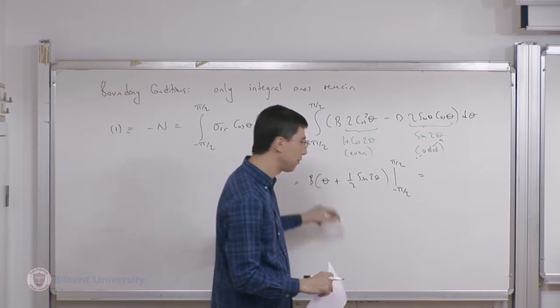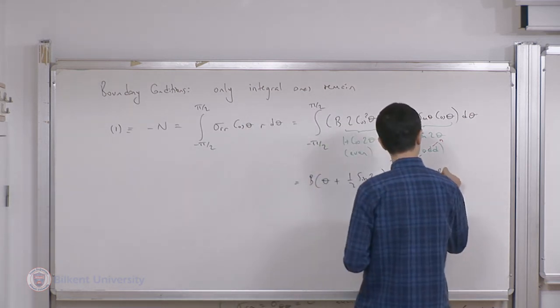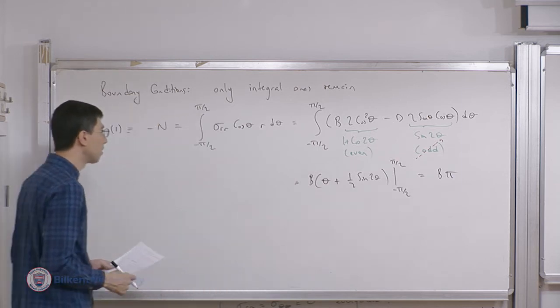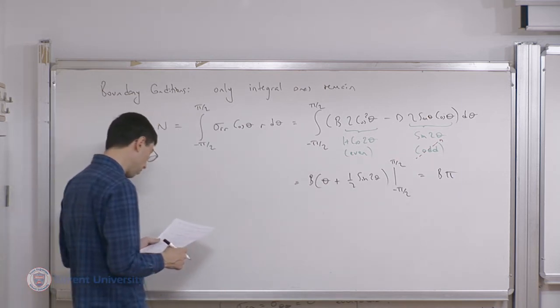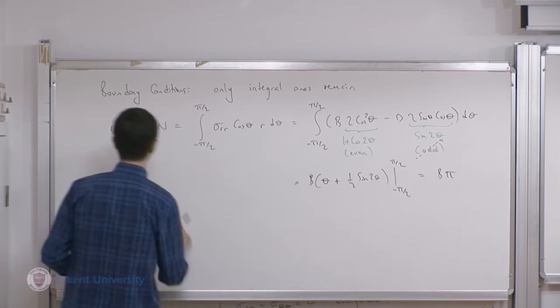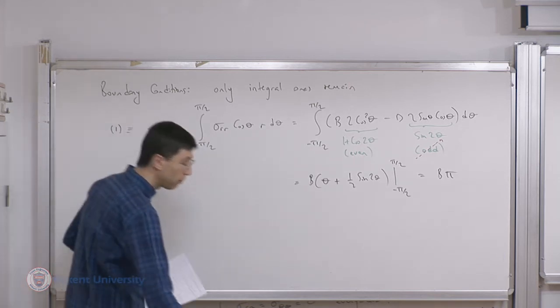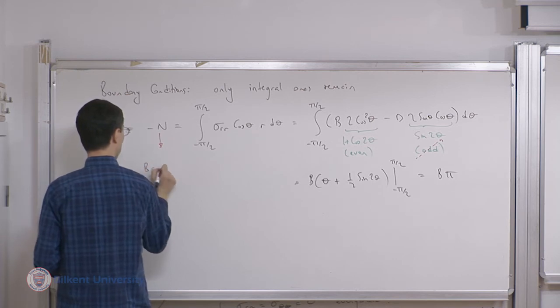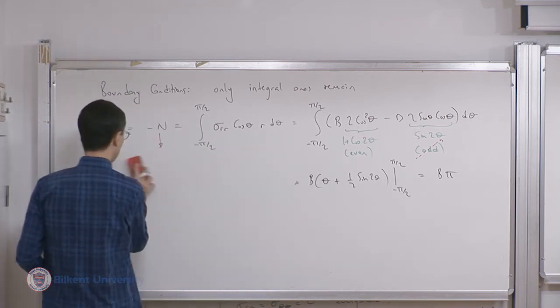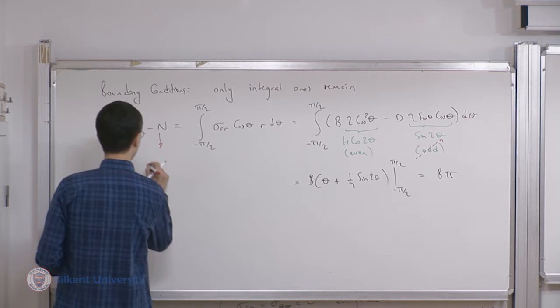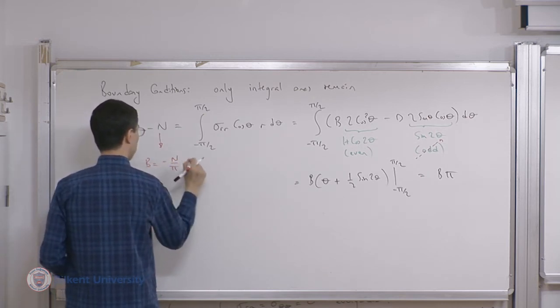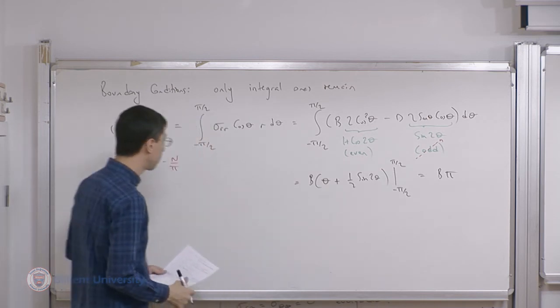I'm only going to be left with the theta term, so it's simply B times pi. So as complicated as it might seem, the result is quite straightforward. So therefore, minus N is equal to B pi. So B is equal to, let's write this in red, B is equal to minus N over pi. So that's our first finding.